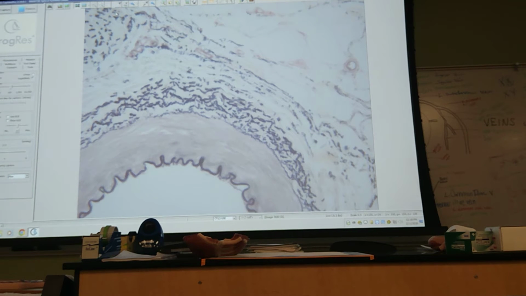Pretty straightforward. The main things to look for in an artery: especially the internal elastic membrane, typically very, very prominent, and an external elastic membrane, also a thick, dense tunica media, the smooth muscle layer. There's a reason for this. Arteries have to withstand much higher pressures than veins.